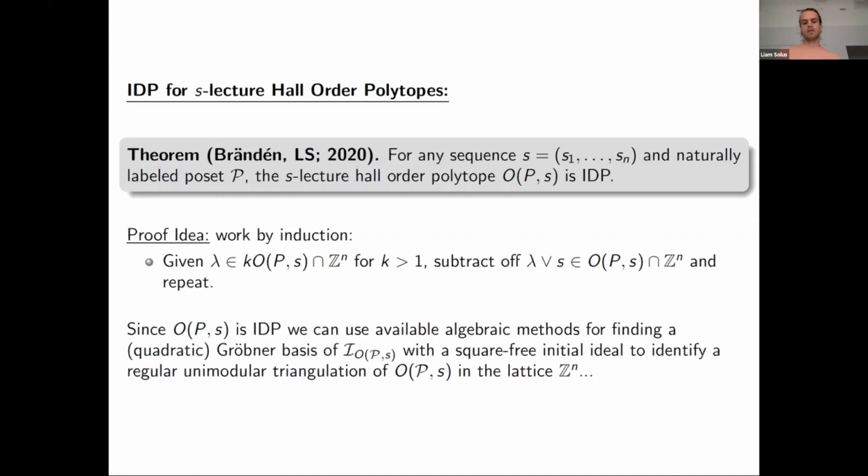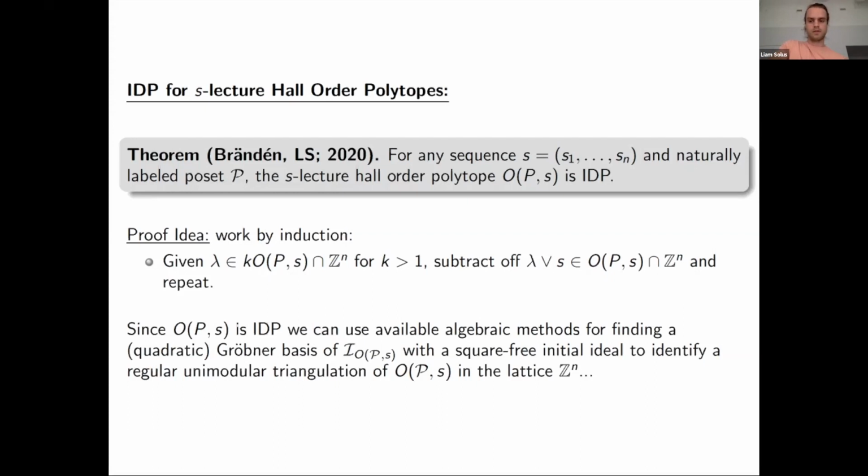This is what we want to do. Unfortunately, we can't do it yet for all of these S-lecture-hall order polytopes pertaining to these conjectures, but we will be able to do it for a family that touches on the previous conjectures here.